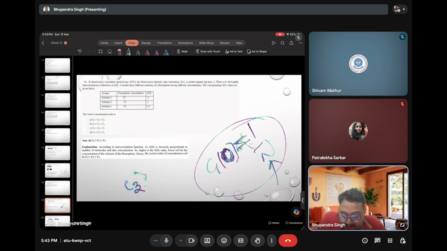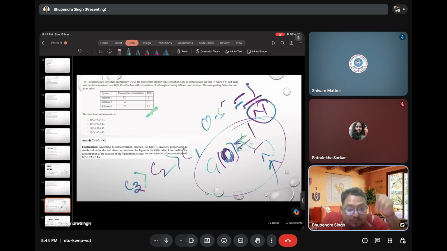C3 is greater than C2 is greater than C1, because the G0 value is lower, 0.5 only, which means that with G0 equal to 1 by N, N is much higher, which means the concentration is higher. So option D, C3 is greater than C2 is greater than C1. That should be the correct answer.